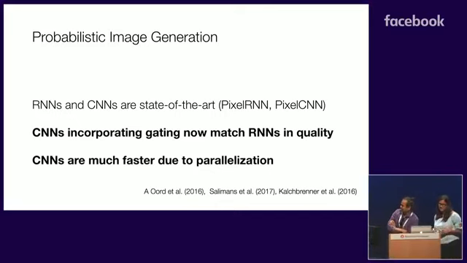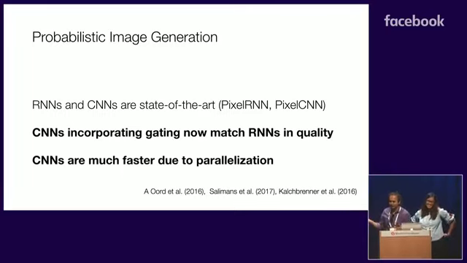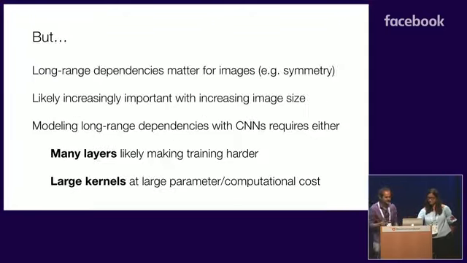Until 30 minutes ago, convolutional sequence models were state-of-the-art on this task, in particular when they incorporated explicit gating mechanisms or multiplicative interactions similar to LSTMs. And they're also really fast to train because of their inherent parallel nature, and they're much faster than sequential RNNs or LSTMs.